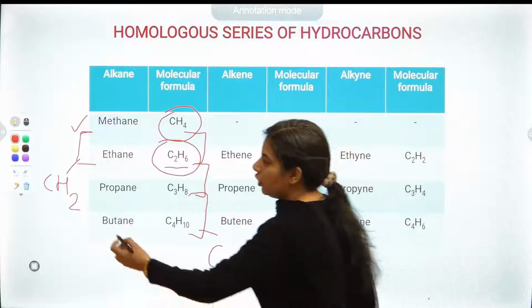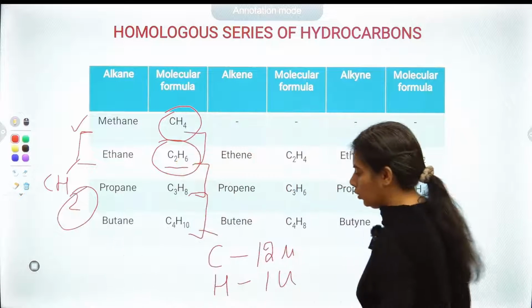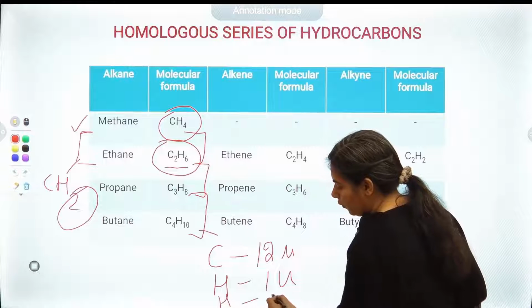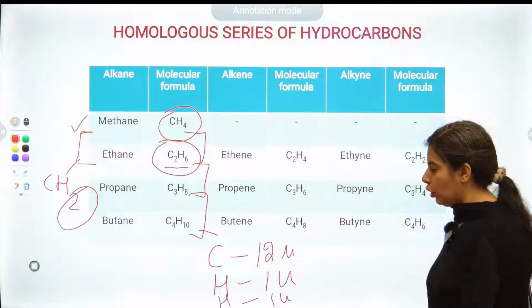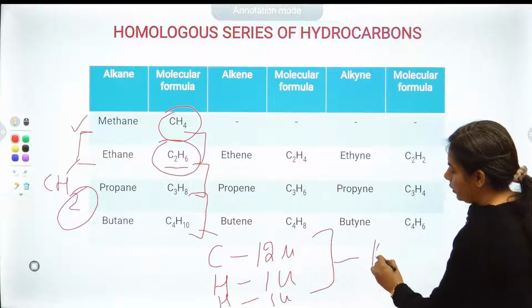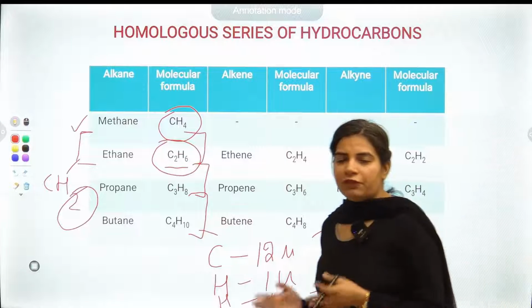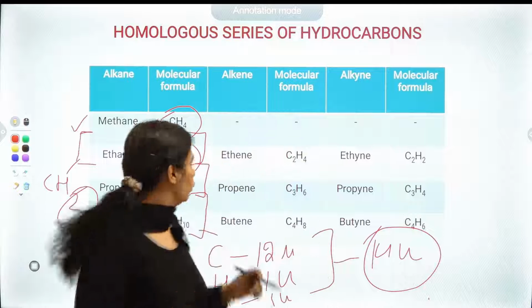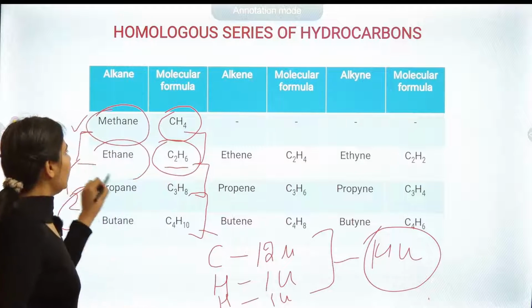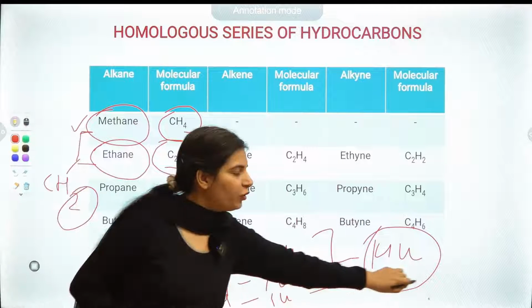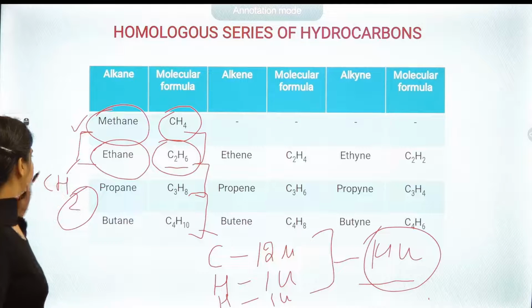And we have 2 hydrogens. So the difference will be of 2 hydrogens. So collectively, we came up with 14 units. So the difference between two members of the alkane series is 14 units.